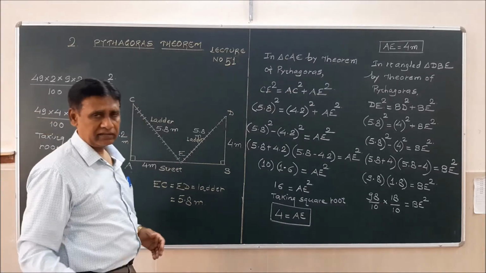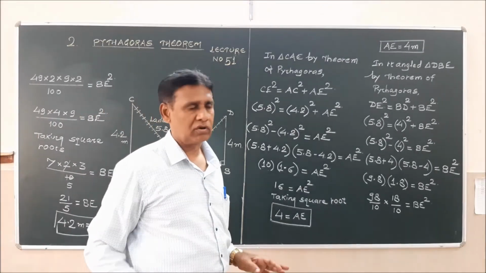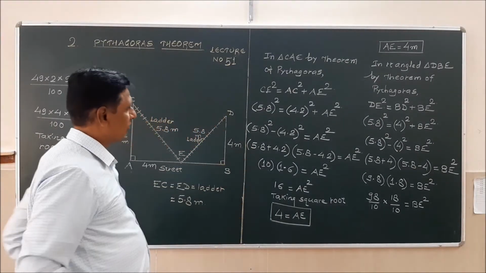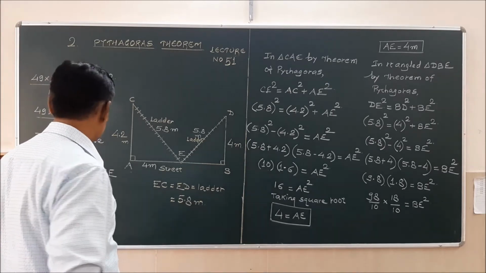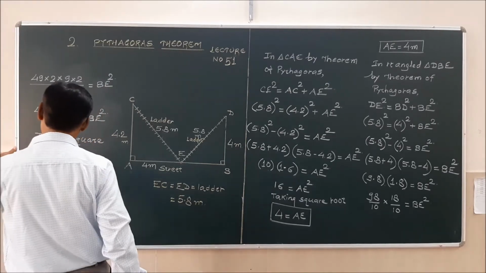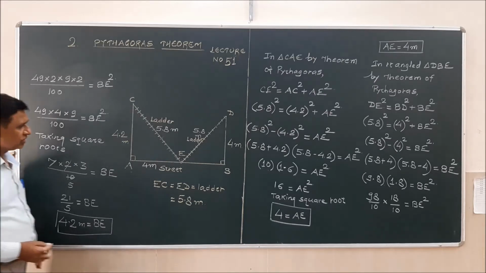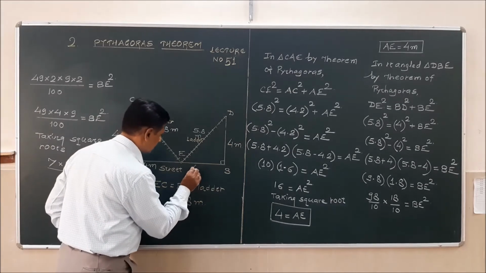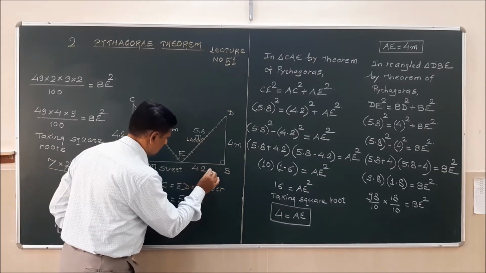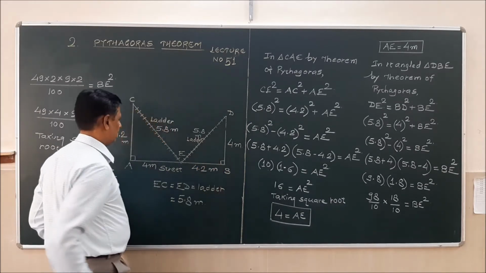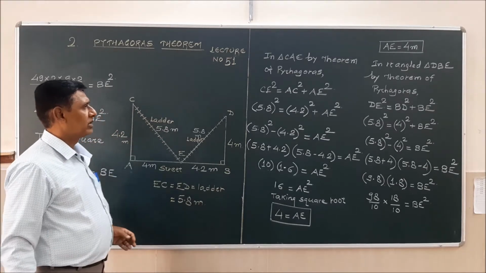You may do it the way you want. It is not necessary to follow the same way because it becomes very lengthy. No matter what, I find it a very simple way because the square root of 49 is 7 and then I got 4. Now these things are very simple. So here we find 4.2.